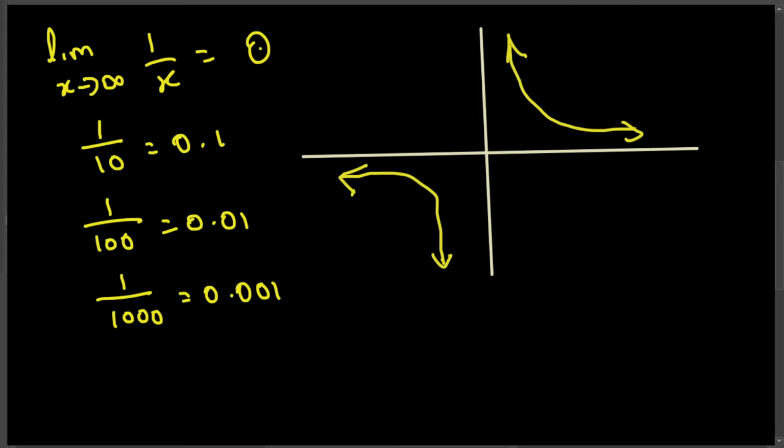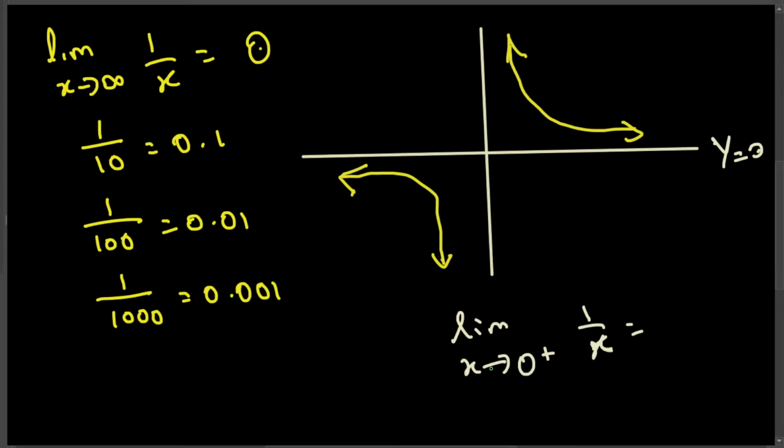Now from this one, let's find out the limit when x approaches 0 from the right side. What's the y value? In the given graph, here we have the horizontal asymptote, that is y equals 0, and also the vertical asymptote, that is x equals 0.